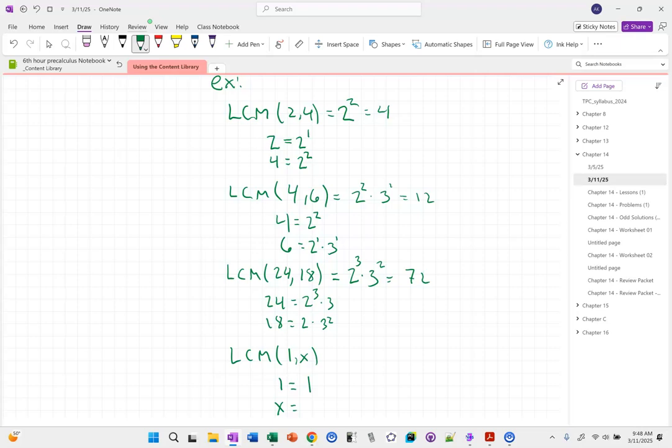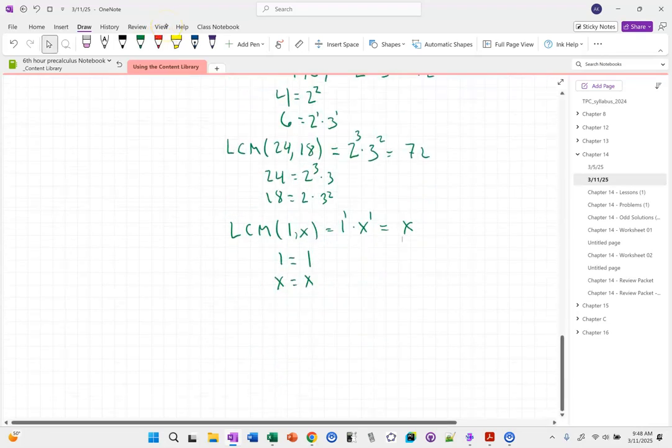Can I do any factoring to x? No, man, it's just x. So my least common multiple contains the factors 1 to the first and x to the first, or just x. Oh, okay, well that seems fine. So how do you guys feel on that?